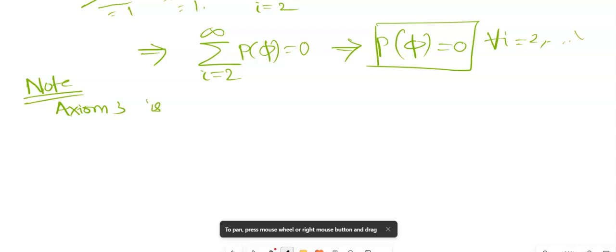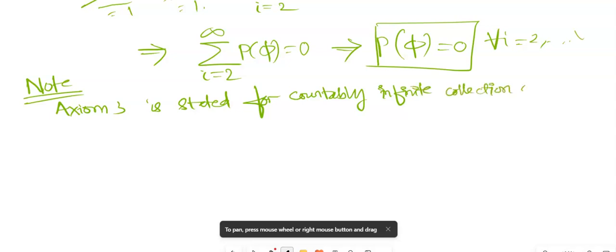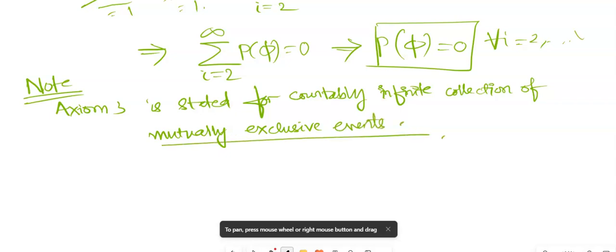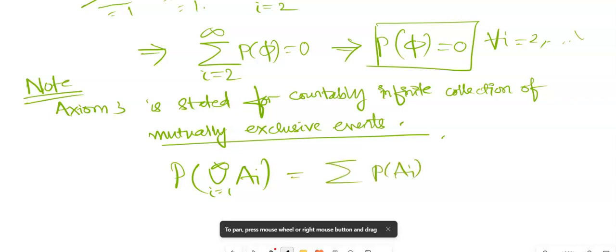That is, P of the union of A_i, i equals 1 to infinity, is the summation of P of A_i. We often call this countable addition.